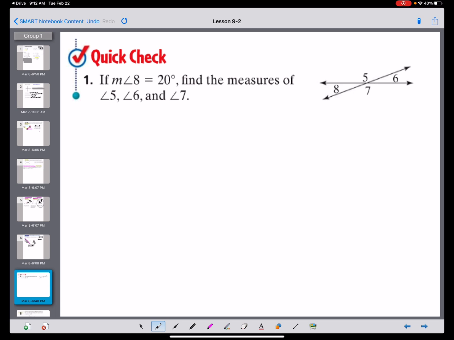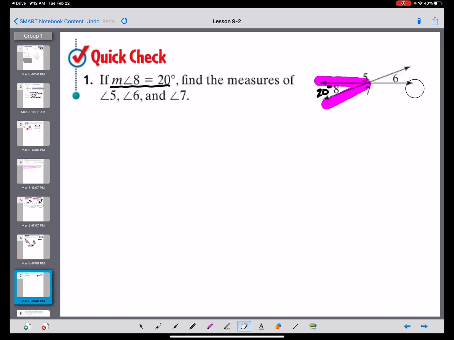Let's try another one. If the measure of angle 8 is 20 degrees, find the measures of angles 5, 6, and 7. The first thing you should do is jot down the 20 where 8 is. This is 20 degrees. Now, I like to look at this and say, I see that we have some vertical angles here. The measure of angle 8 and the measure of angle 6 are opposite each other.